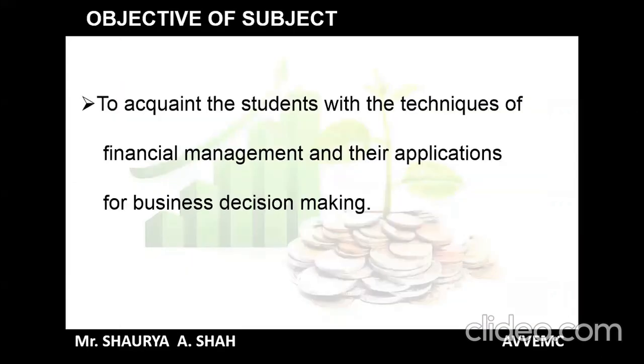So what is the main objective of the subject, and what is the main purpose of inserting this subject in your curriculum? The main objective is to make students know about the techniques of financial management and their applications for business decision making. Any business, any institution, any trust, as you all know, finance is the lifeblood of that entire system.